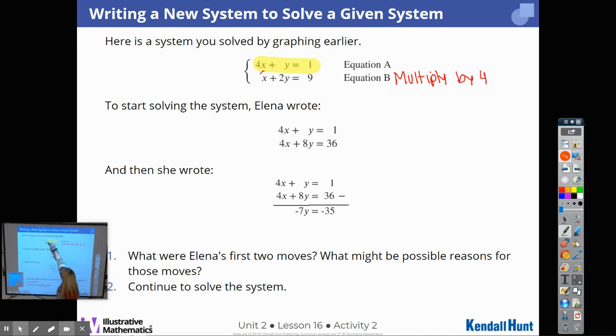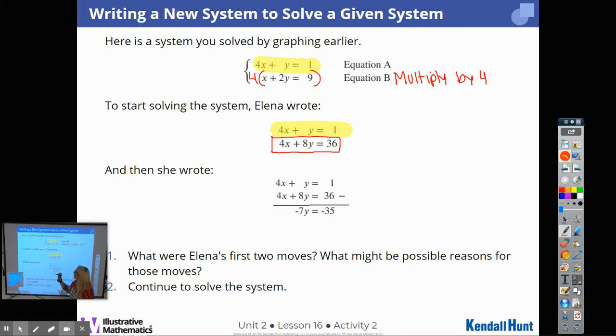So this second equation, I can multiply it by 4, so that 4 times x gives you 4x, 4 times 2y becomes 8y, and 4 times 9 becomes 36. That's where this second equation that I put in a box came from, and the first equation stayed the same. Now I can use the process of elimination.